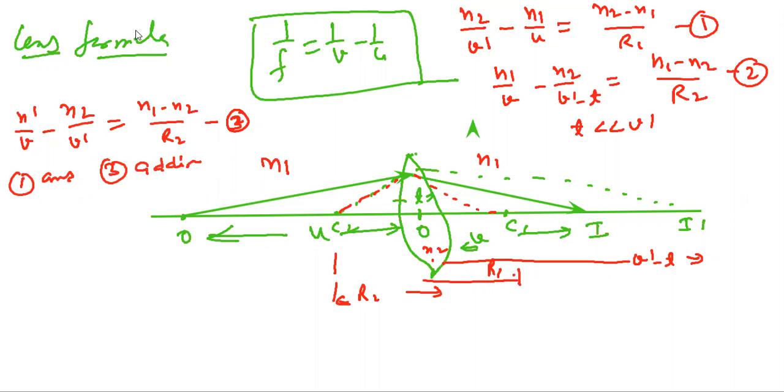When you add these two, you see here is N2 upon V dash; this one and this one will cancel.